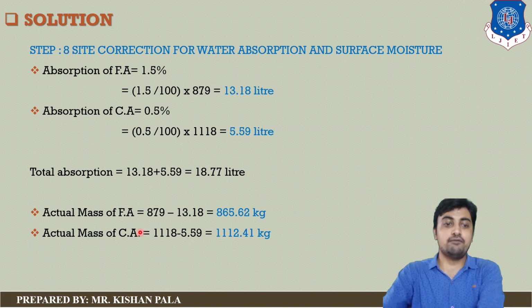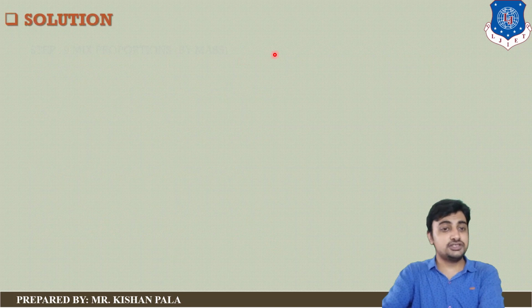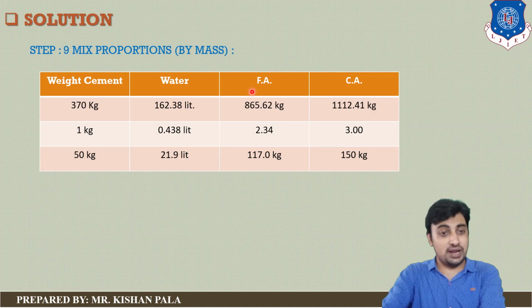So we have a final actual mass of the coarse aggregate of 1112.41 kg.